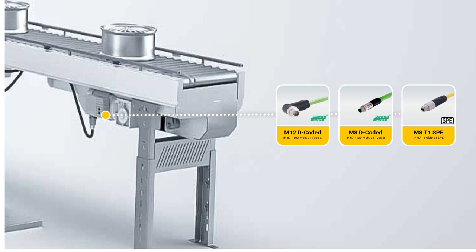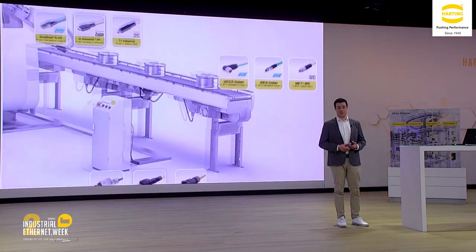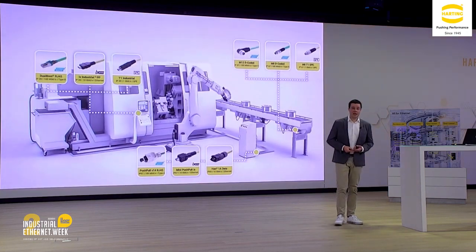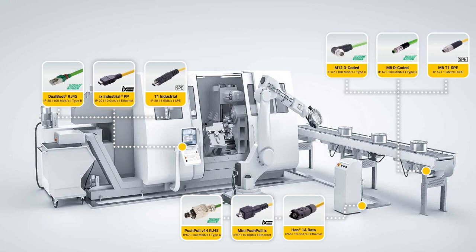And newer technologies are also possible here with the M8 T1 for single pair Ethernet transmission. So here you see again the overall picture for the 3 different applications, and Vitali will now show you something about the iX and the mini push-pull.